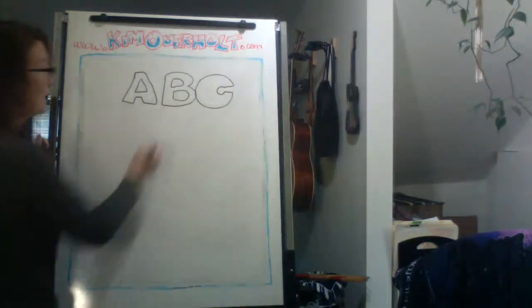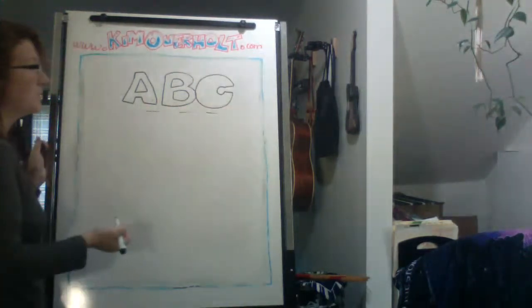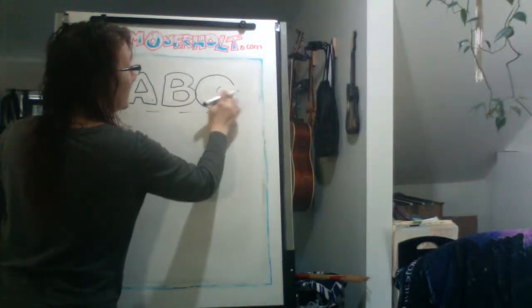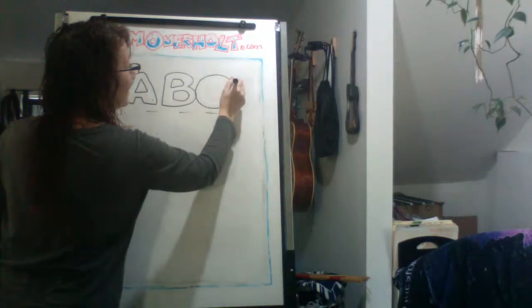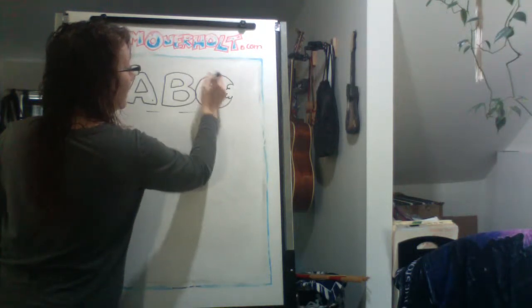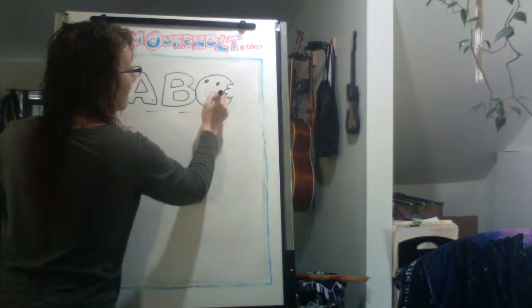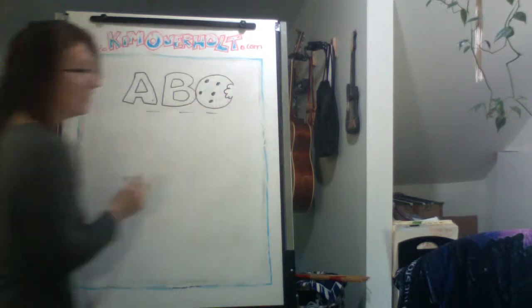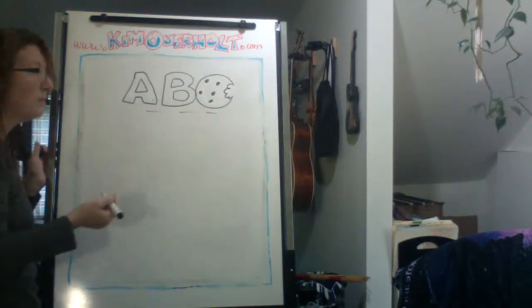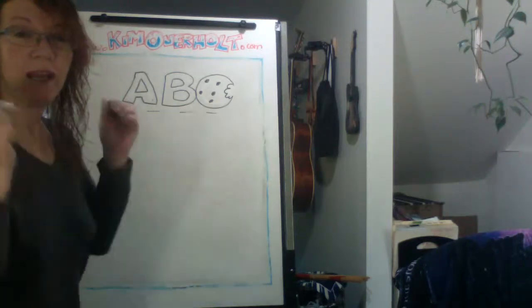And you can make your own ABCs, something simple like that, or you can change the C into a cookie and have a cookie with a bite out of it. And there you go. You're already starting to draw stuff. See, it's just a matter of using your imagination and going forward.